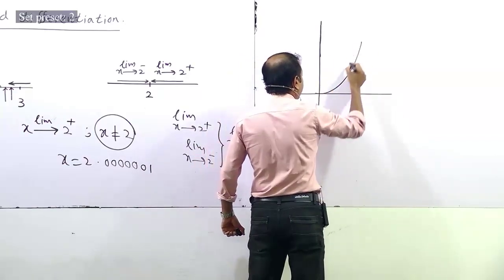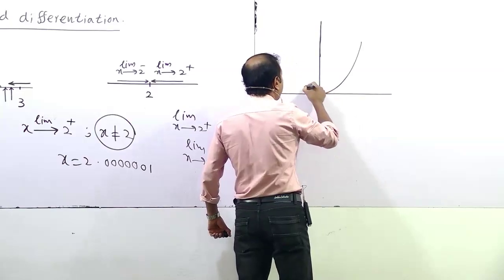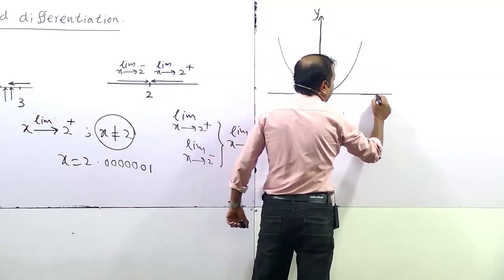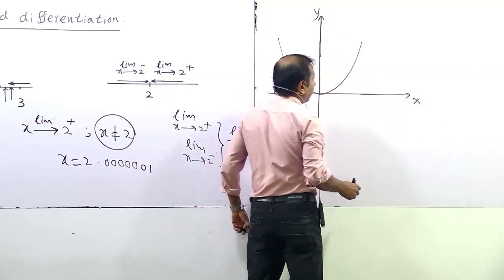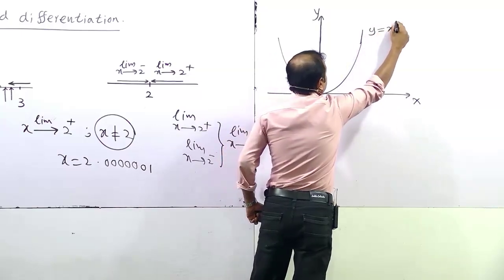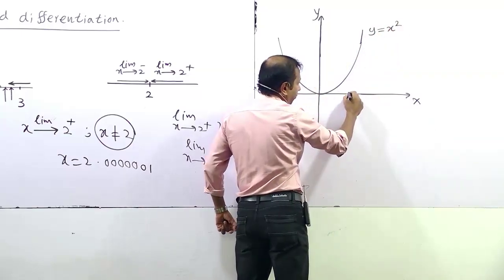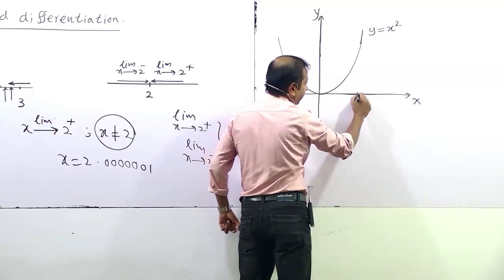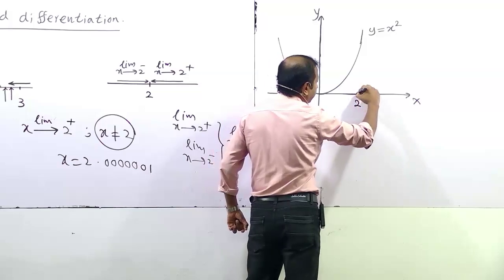This is the graph of y equals x squared that we drew in the quadratic equation lesson, no? The equation of the graph is y equals x squared. Right. Suppose here we have x equals 2.